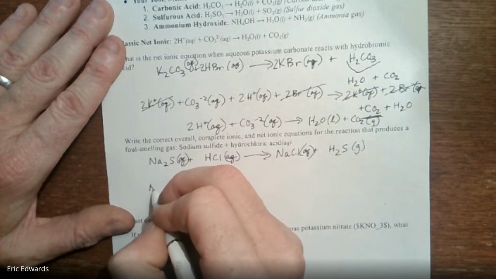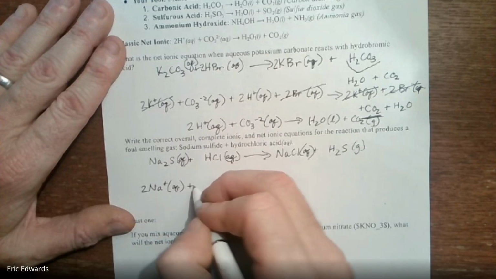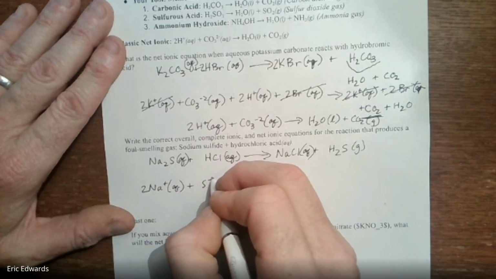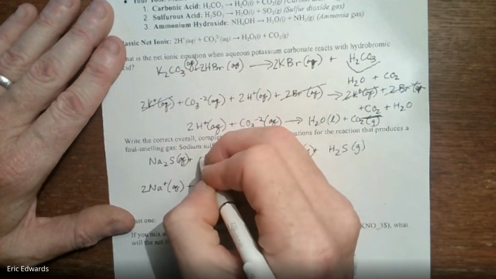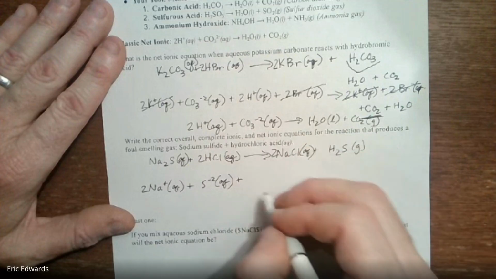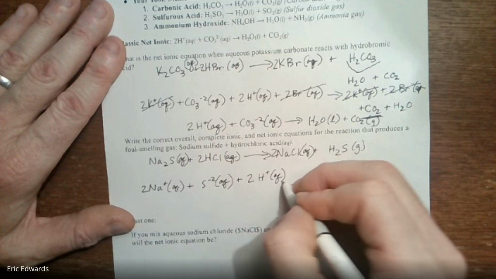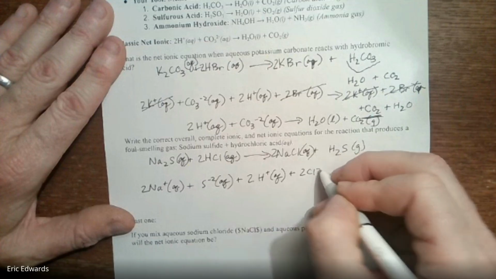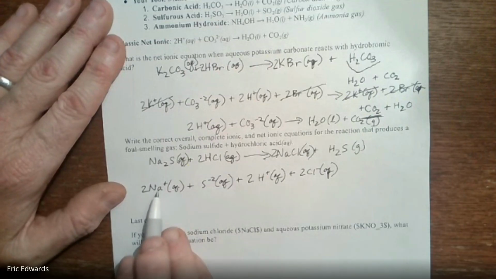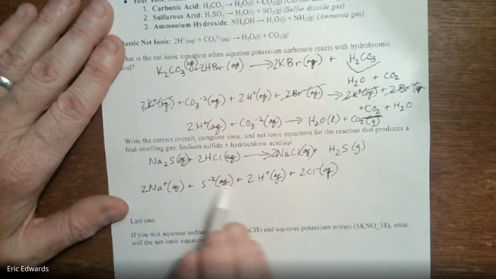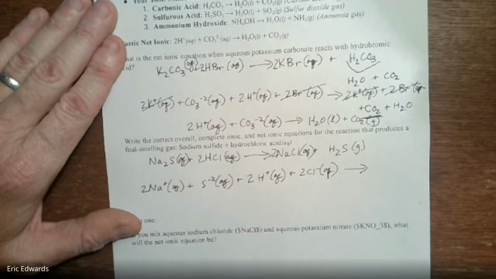So from this, what I'm going to get is aqueous and that gas right there. All right, so this becomes 2Na plus aqueous plus S 2 minus aqueous plus 2H plus aqueous plus 2Cl minus aqueous. Notice when I'm writing these balanced equations, I take all that stuff down and I'm just keeping track of what ions could possibly come from this.